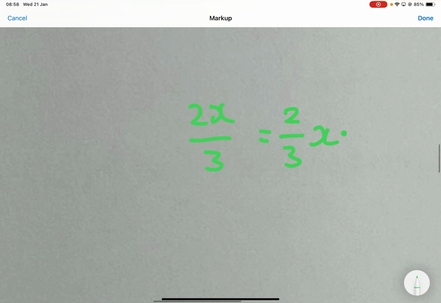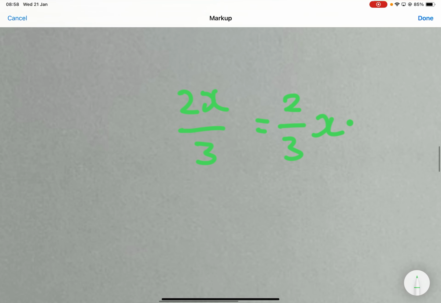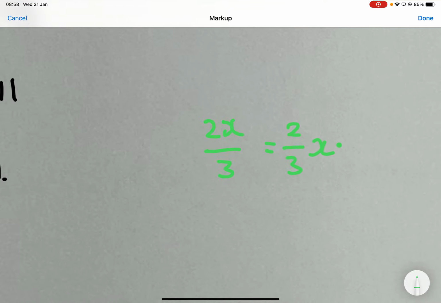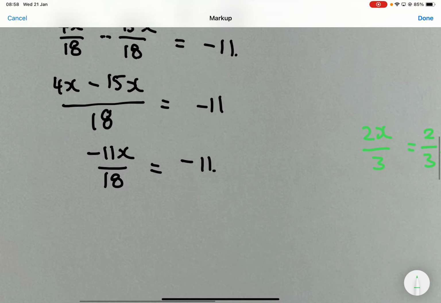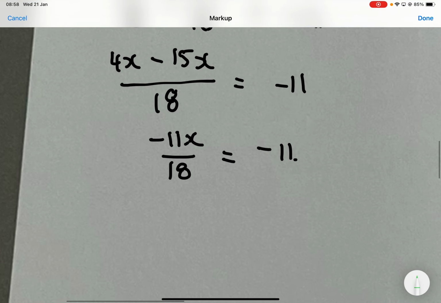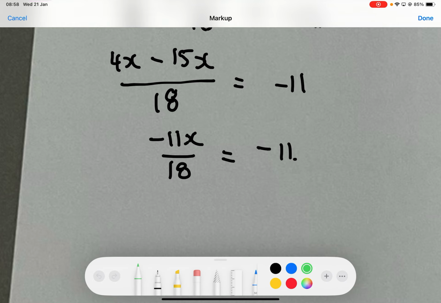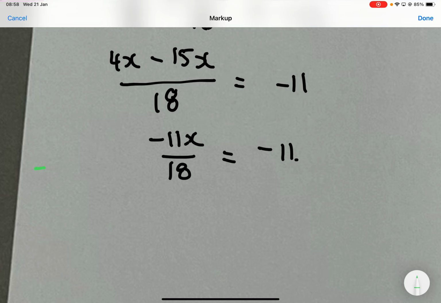Okay? My x I can put at the top, I can put at the side, because it is all multiplication. So this one, negative 11x over 18 is actually the same as negative 11 over 18 times x. They are the same.